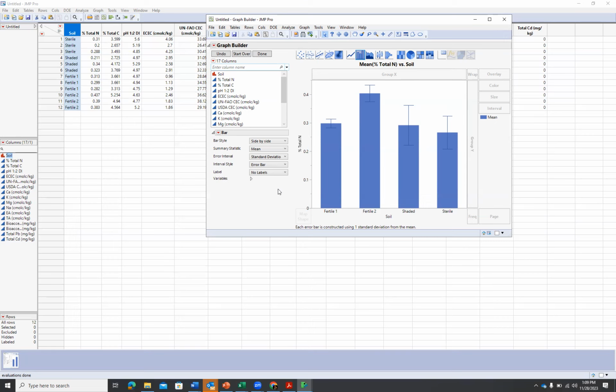Because shaded doesn't necessarily mean that there's a difference in soil quality or soil health, but what it does mean is that there's a difference in the site conditions relative to the other ones. And I don't know, because I didn't talk to the grower, if fertile and sterile is an indicator of yield, quality, or both.